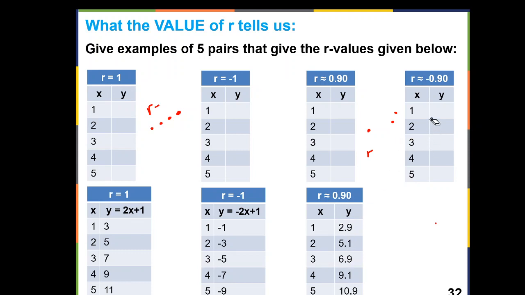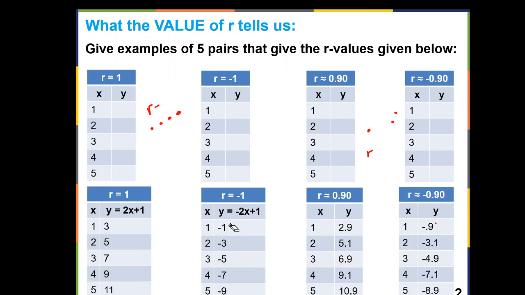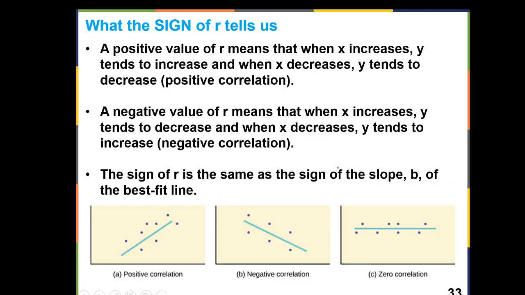And to get -0.9, I did the same for this one. Just tweak these numbers a little bit. All right, so that's R. A positive value means the more of this, expect more of this. A negative value means the more of this, expect less of this. And 0 means no correlation, right?